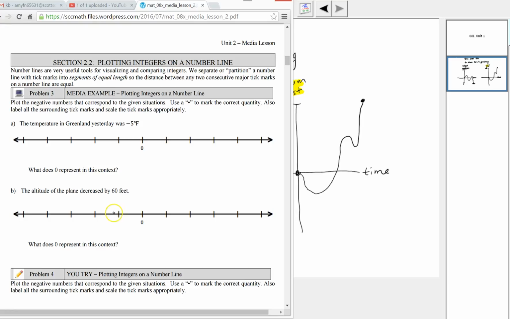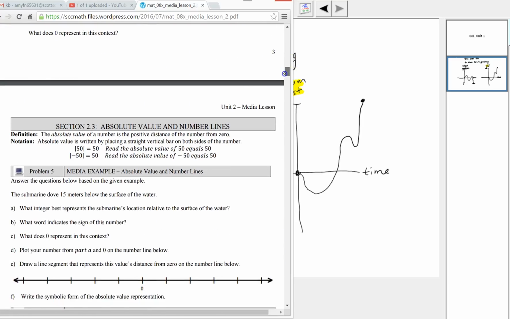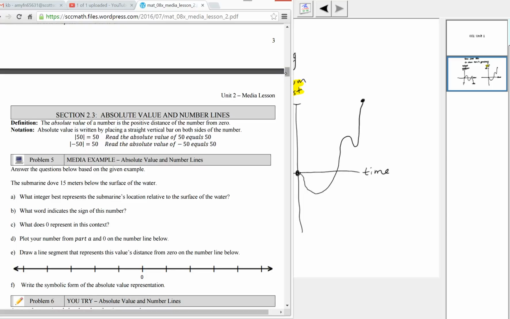So if we're going in the negative direction, there's only 5 tick marks here. So they could label this. They could actually just say this is negative 60 and make the scales 60. I think I use negative 10 or negative 20, so this would be negative 20, negative 40, negative 60. They could use 15, they could use 12. I bet you they won't. But there's different values we can scale by, and we want them to start to become familiar with these scales in a one-dimensional context. So that's 2.2, and let's start a new video for 2.3.